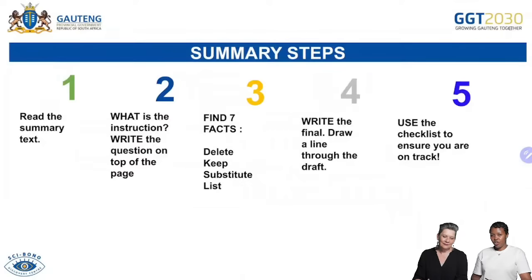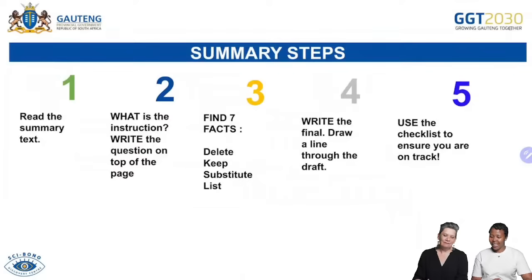If you have the first draft and you feel that you can still do some editing on it, then you cancel it out, then you begin to put your final draft down so that it's clear. Because the danger of not canceling it out would mean that the marker is going to mark the first summary they come across. And if you've already identified it to be with errors, it means they too are going to do that. So be very careful of that.